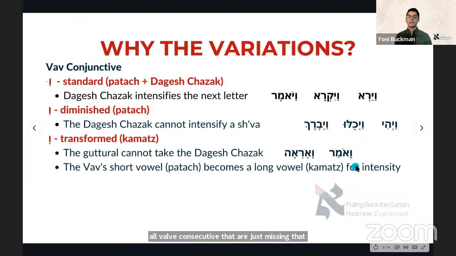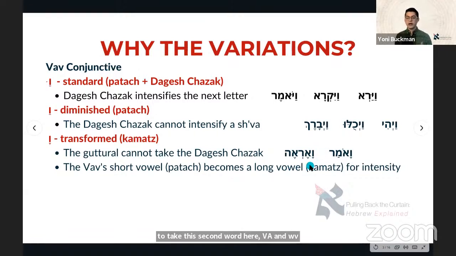And sometimes it transforms into a kamatz, a long vowel, a long a vowel. And that's when there's no issue of the voweling here. So I'm going to take this second word here, va'er'eh.